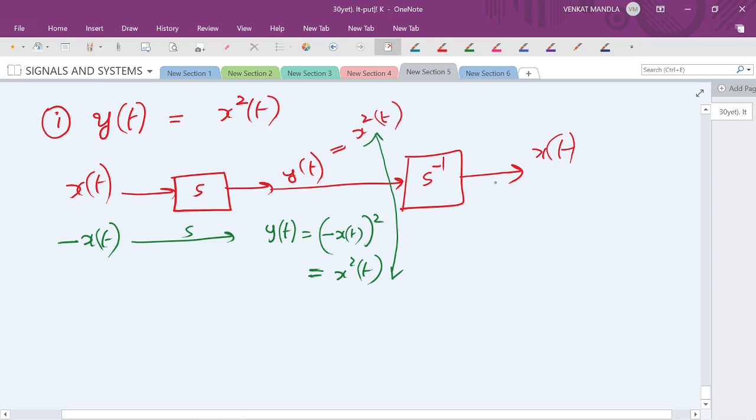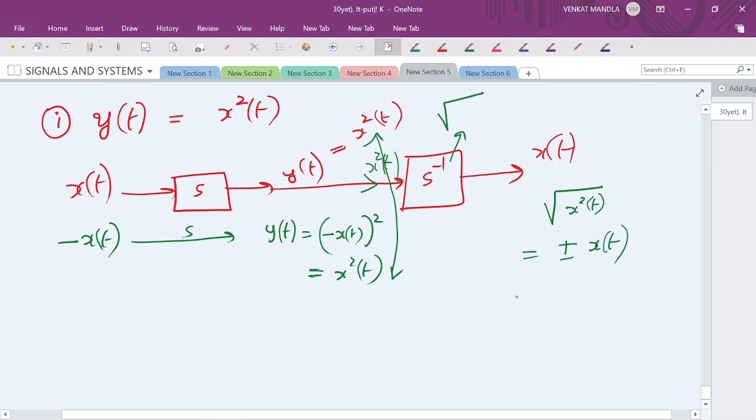But what you get here, if you apply, let us say this is x square of t, this is the output. What you get here at the output? Let us say I will apply a square root system here. S inverse is square root. What you get at the output? Square root of x square of t. That is plus or minus x of t.